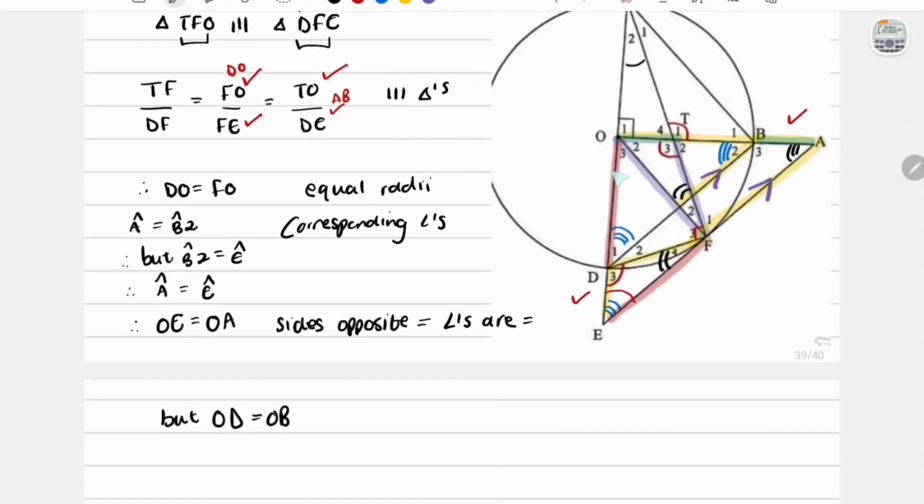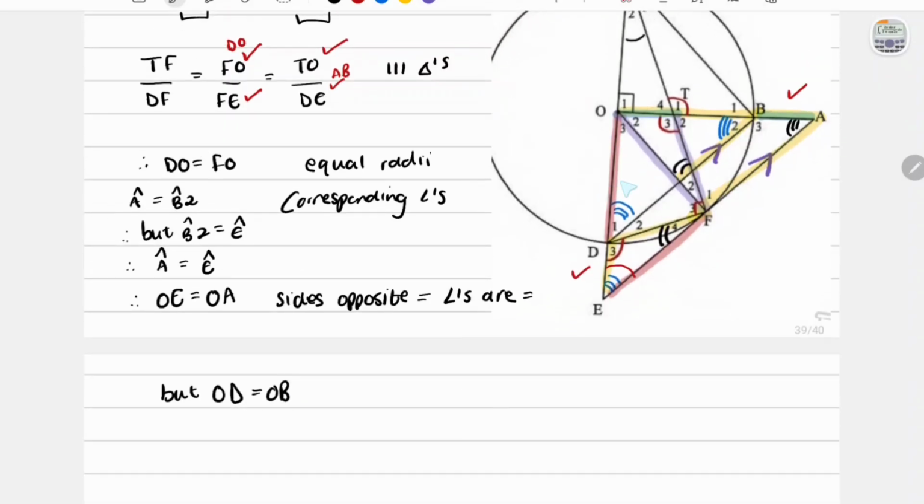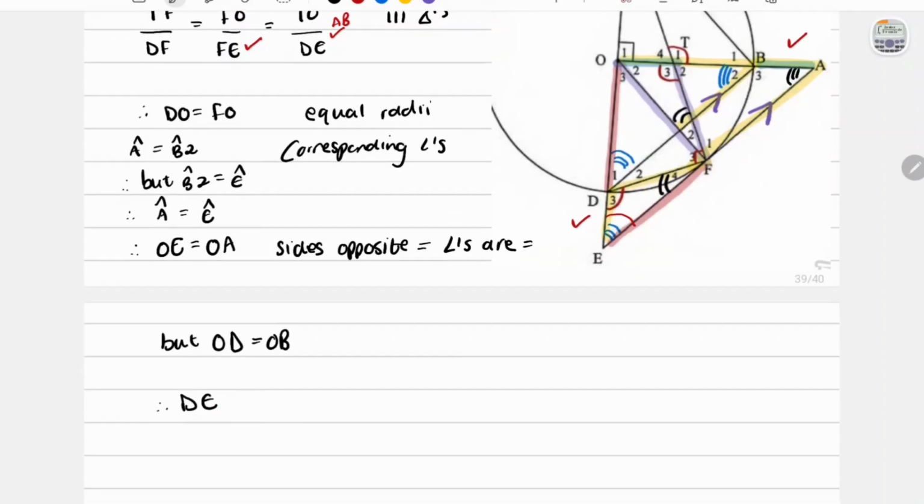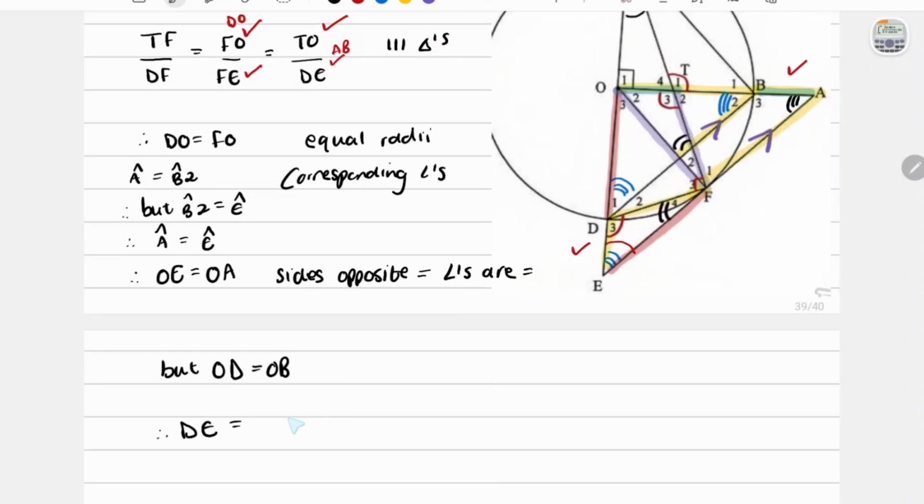Those two were already equal. So that would therefore show us that DE is really equal to BA, since this is equal to this, but these two were already equal. So there we go. It means that DE is equal to BA or AB.